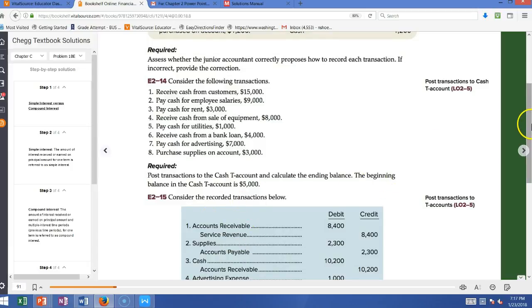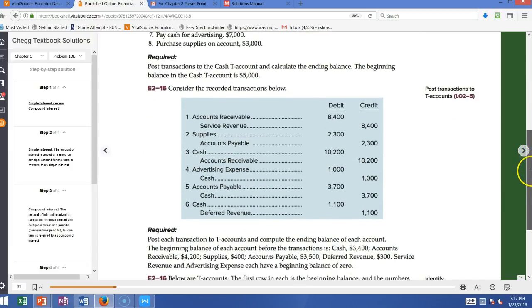Consider the recorded transactions below. We're going to post each transaction to T accounts and compute the ending balance of each account. So the beginning balance of each account before the transactions is cash is $3,400.